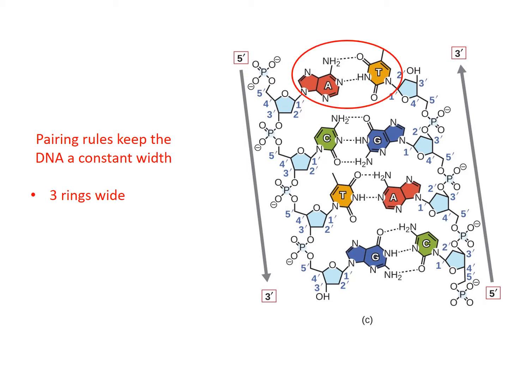Notice there's a purine paired across from a pyrimidine, making the DNA a 3-ring wide structure. And you'll notice here that A's always pair opposite to T's and C's always pair opposite to G's. If you would like more information about the DNA base pairing rules, I refer you to the assigned reading for this lesson.